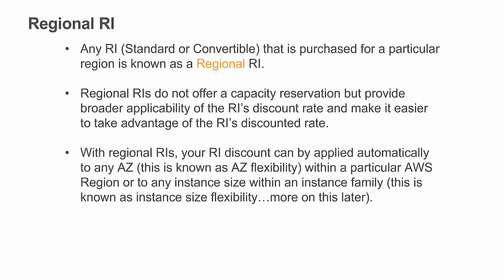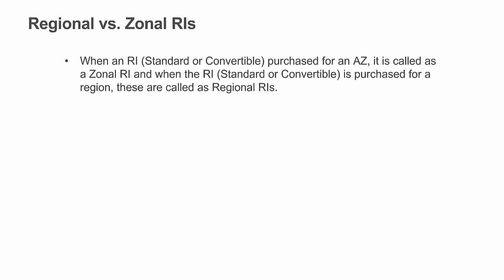The flexibility provided by regional RIs significantly reduces the amount of management overhead for customers, who now no longer have to worry about matching their instance usage to their RI or purchasing the right RI to match their instance. And since the discounted rate is automatically applied, customers do not need to take any action to benefit from the flexibility provided by regional RIs. We will discuss more about instance size flexibility later in this presentation.